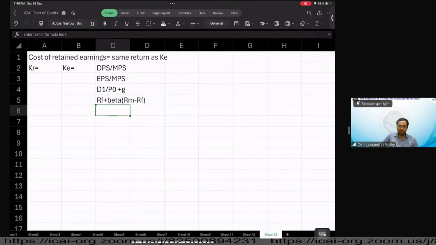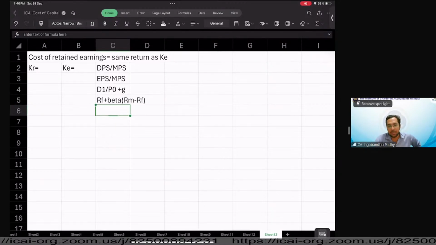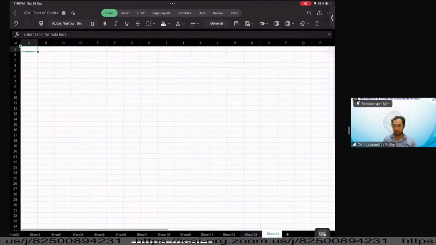So there's nothing different in the retained earnings cost, because it's ultimately the money of the equity shareholders. So the expected return is also going to be the same as the cost of equity. Okay, guys, clear?